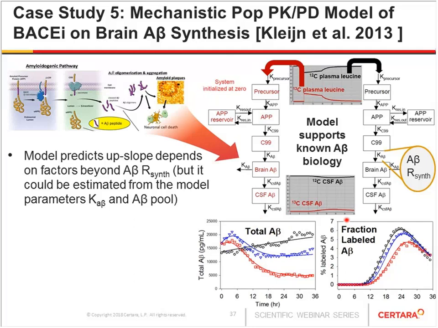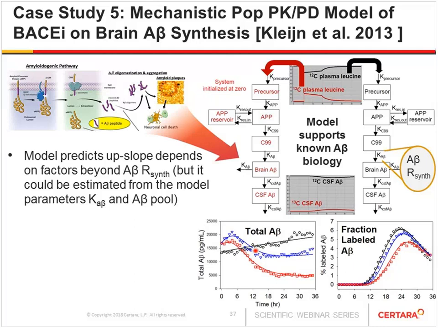By virtue of the ability of the model to explain both the factors that relate to the synthesis rate as well as the changes in the equilibrium, that is the static concentration measurement, they were able to gain a closer insight into the workings of this physiological or pharmacological pathway.